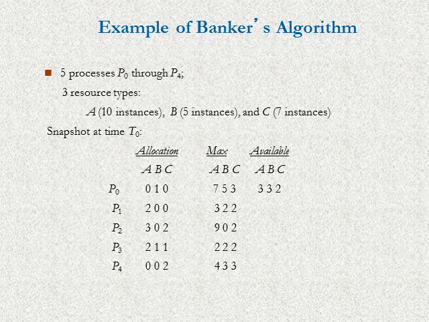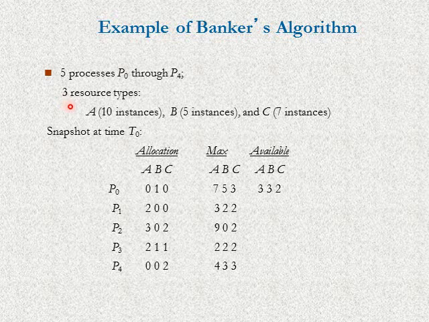So in this example, we have 5 processes from P0 to P4, and we have 3 resource types, A, B, and C. As you know, Banker's algorithm works on multiple instances of a resource type.